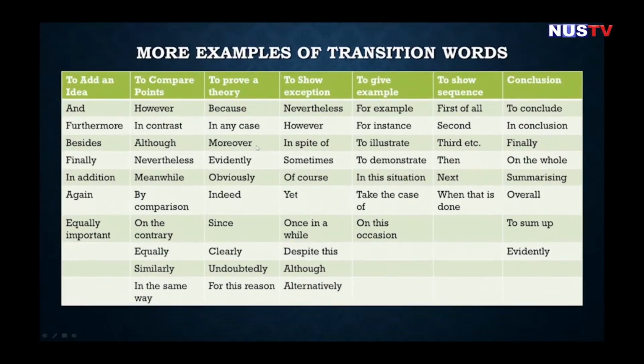Now, listed in the table shown on your screen are examples of transition words used for different purposes. The first column, as you see here, we have the transition words that are used to add an idea, and these are examples: and, furthermore, besides, finally, in addition, again, equally important, etc. Okay, we also have transition words that are used to compare points.